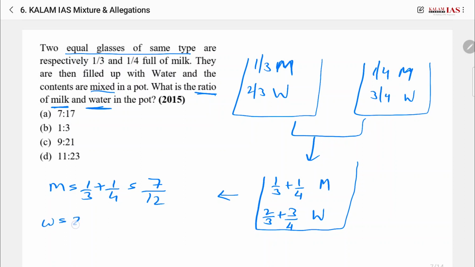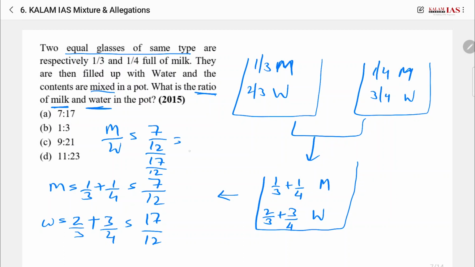Total water will be 2/3 plus 3/4, which is 17/12. Now we have to find the ratio of milk and water. So simply milk divided by water equals 7/12 divided by 17/12. This equals 7:17, which is option A.